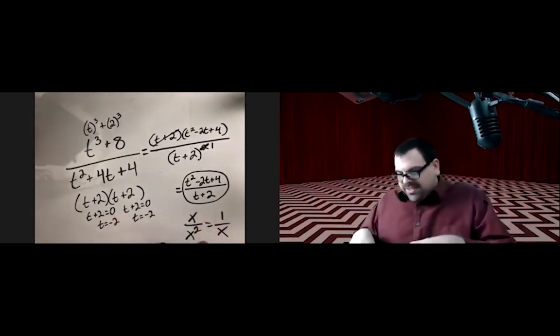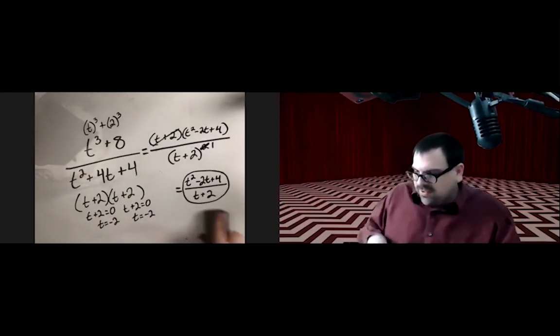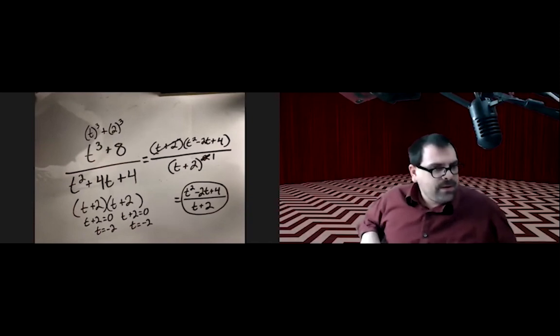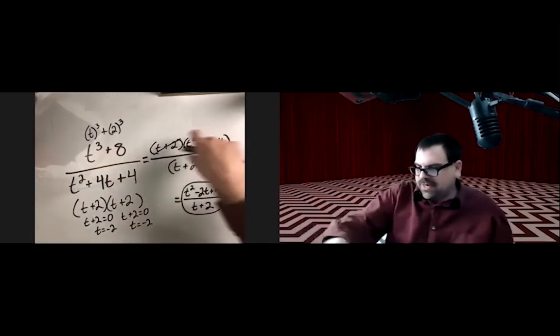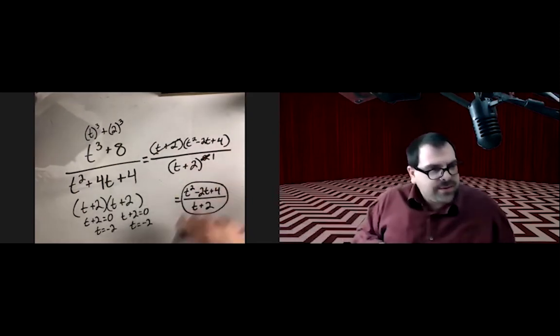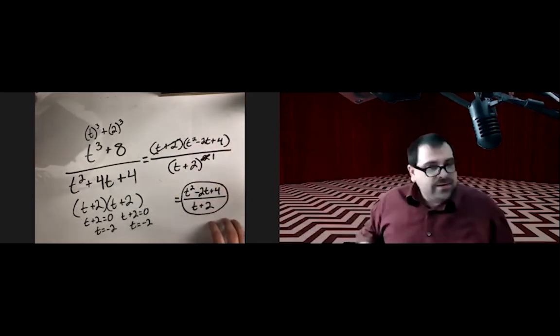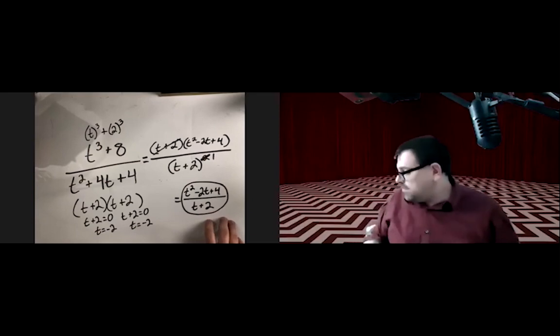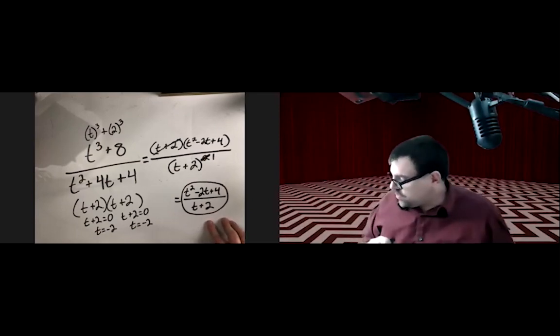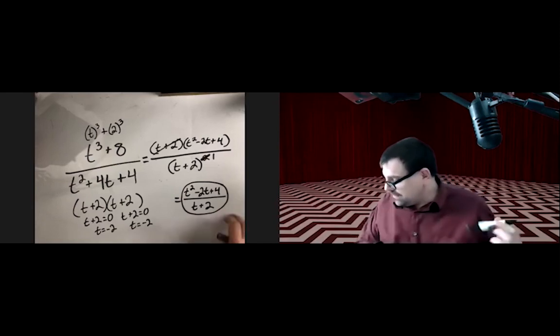T plus 2 over t plus 2 squared. When the t plus 2's go, it still leaves us with one factor on the bottom. So lots of ways to write the factored step, the cancellation there. But in the end, you'll have t squared minus 2t plus 4 over t plus 2, no restriction needing to be written.